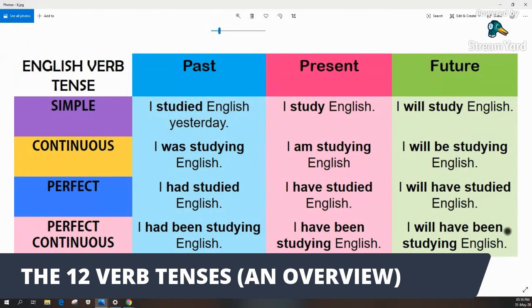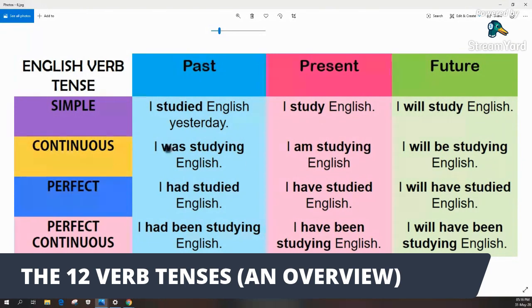So try to observe how to form them. In the simple tense, we have the simple verb: studied, study, will study.